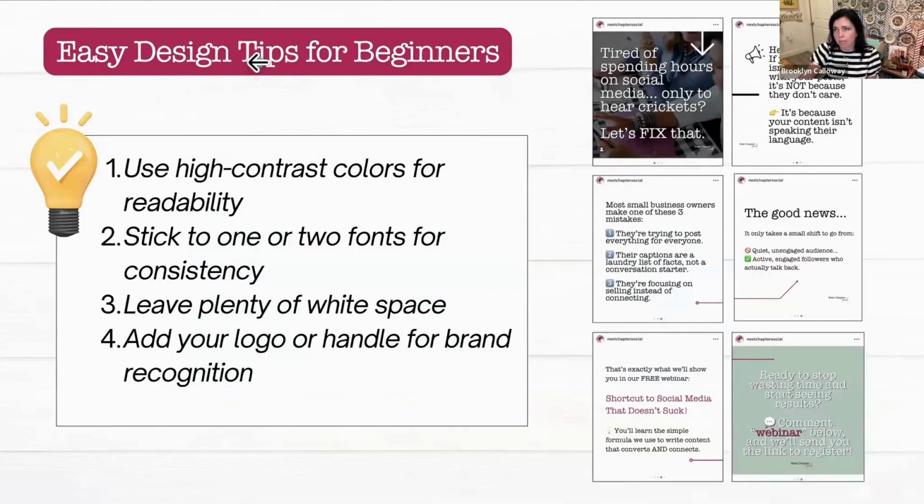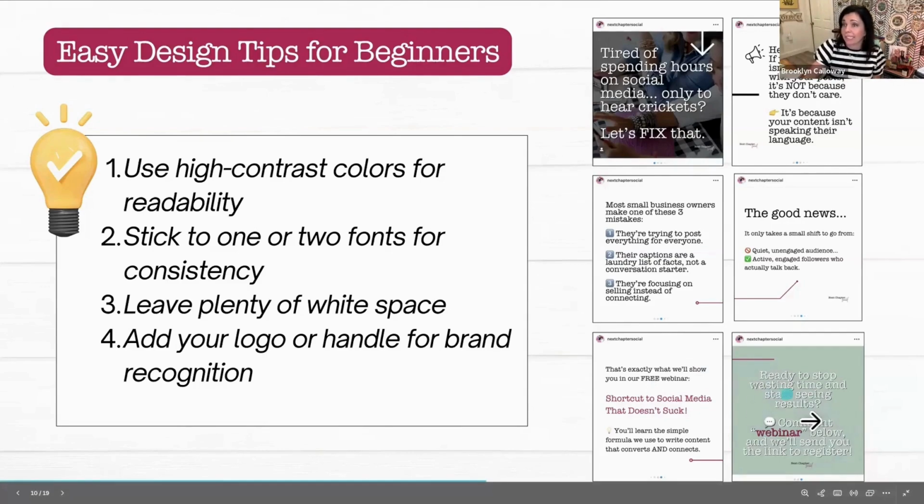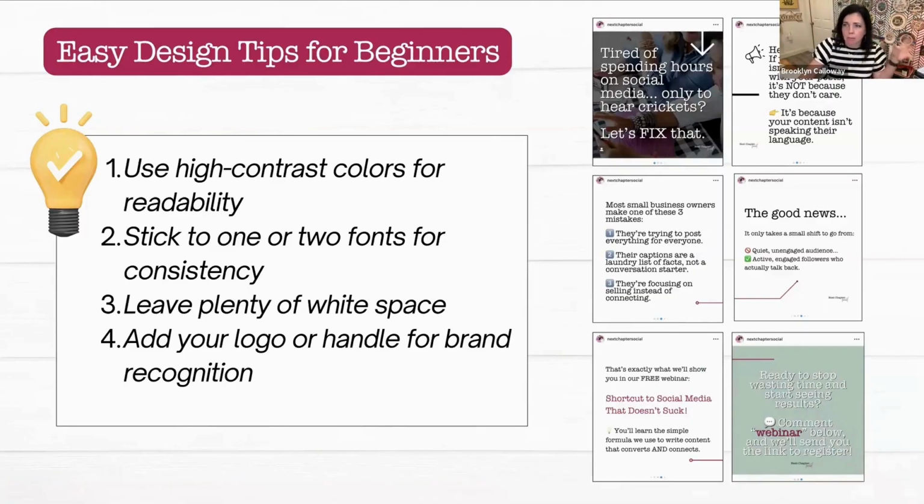Easy design tips for beginners. This goes back to my teaching days. A high contrast color for readability. So you don't want yellow on white, that kind of thing. You want black and white, white and black. Even this right here feels a little light for me, but I did create that, so that's my fault. But I was trying to use another brand color besides our pink, our black, and our white.